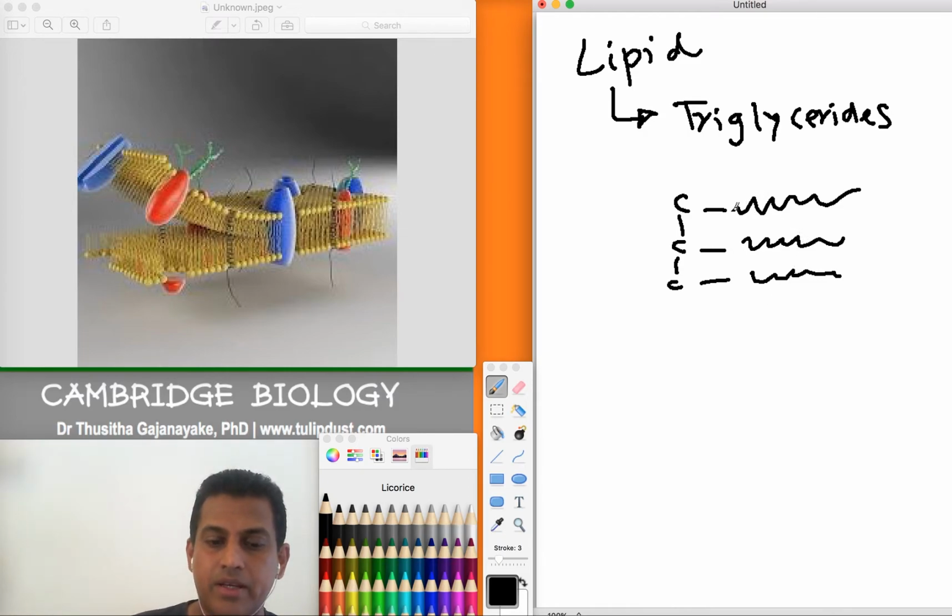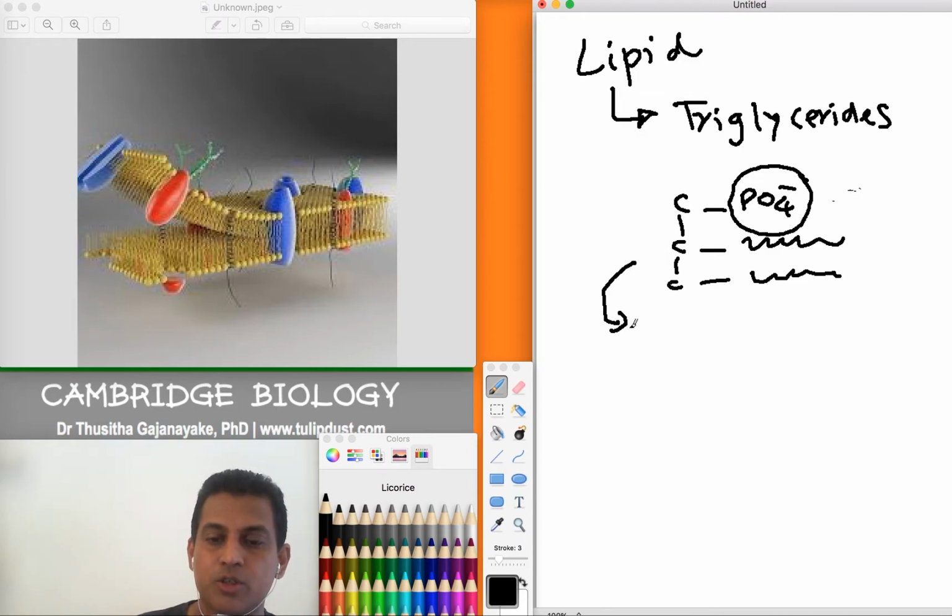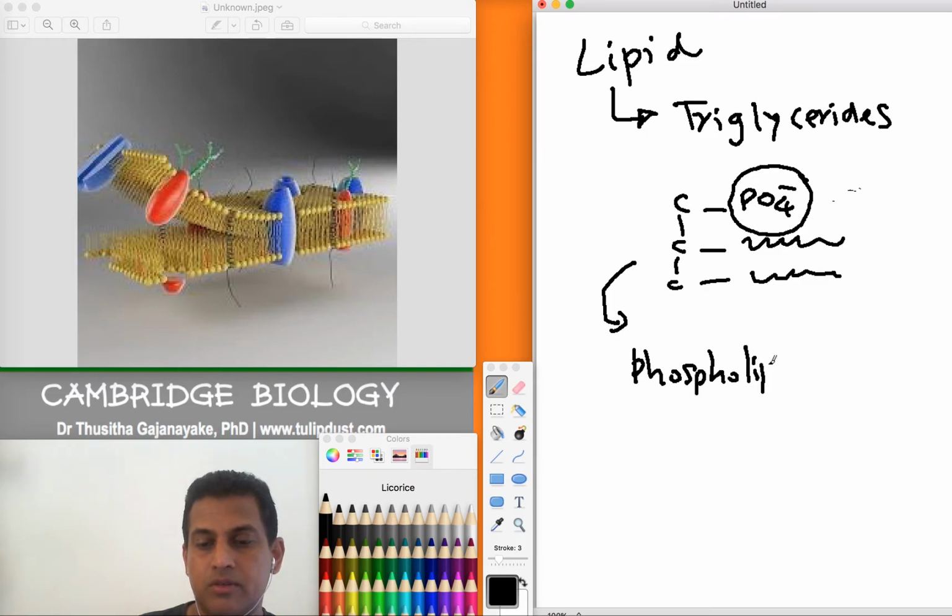This triglyceride is slightly modified, meaning one fatty acid is replaced with a phosphate. We call it a phospholipid. Why do we call it phospholipid?